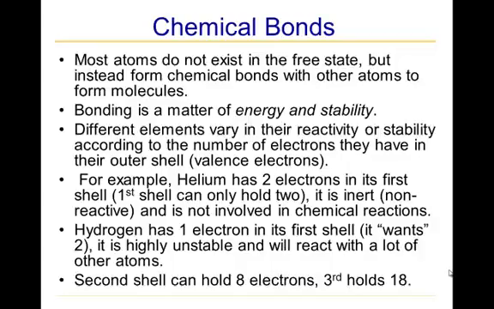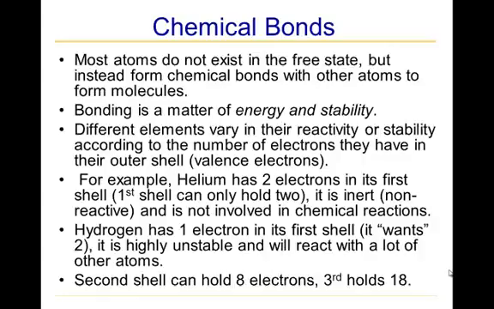On the other hand, we can compare this to the behavior of hydrogen that has a single electron in its first shell, yet the first shell holds 2, and this leads hydrogen to be unstable and to be involved in many chemical reactions.